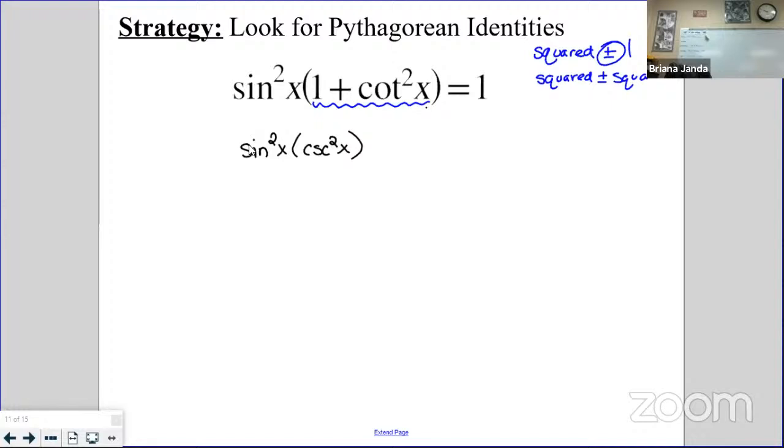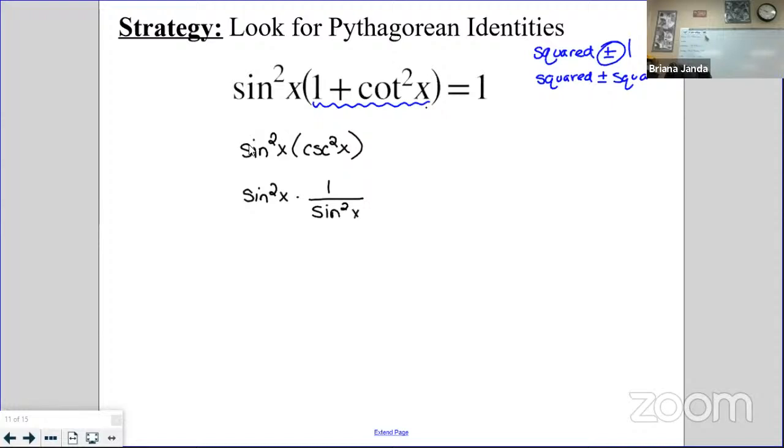Switch to sines and cosines. Always a great strategy. This is already in terms of sine, so I wouldn't change anything. Okay, this one is not. In terms of sine, it would be 1 over sine squared, right? If I go to my identity sheet.